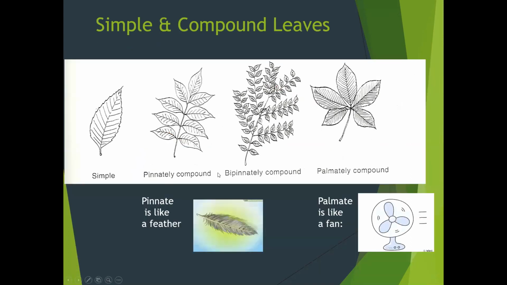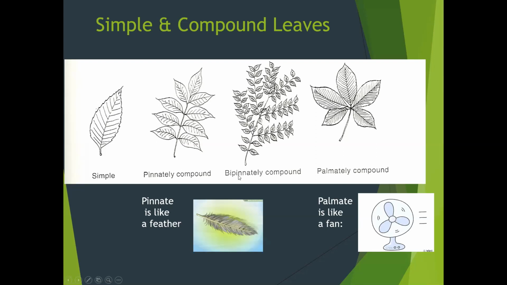Yep. And then to make it further, here we have our simple and our pinnately compound. Pinnate is a word you're going to see a lot, and it means like a feather. So you can see there's this midvein that's bigger with smaller veins coming off in a very organized way. But you can also have leaflets with leaflets. So if you think of this, a leaflet would have another compound leaf.